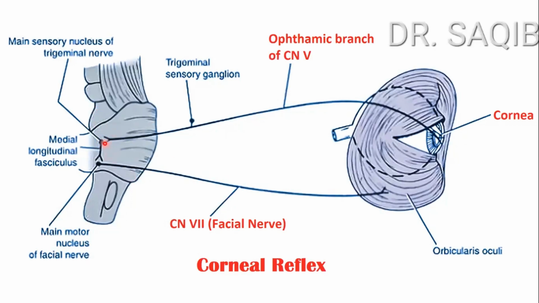This is pons. And from there, these are the internuncial neurons comprising the medial longitudinal fasciculus, and they project to the main motor nucleus of the facial nerve, cranial nerve 7, and the efferent impulses go through the orbicularis oculi and cause its constriction that results in blinking of the eye.